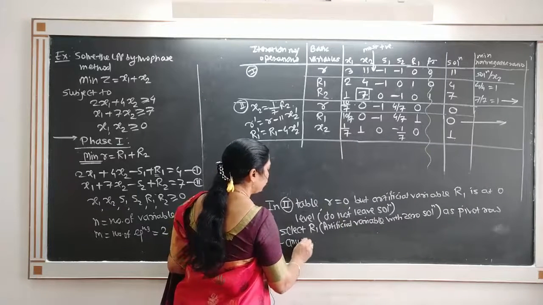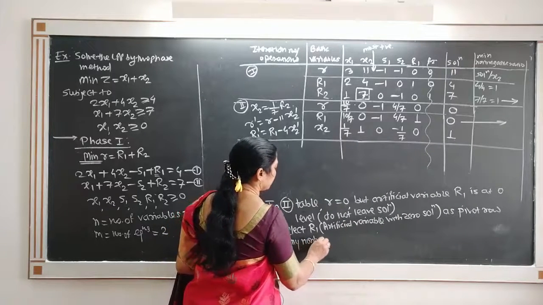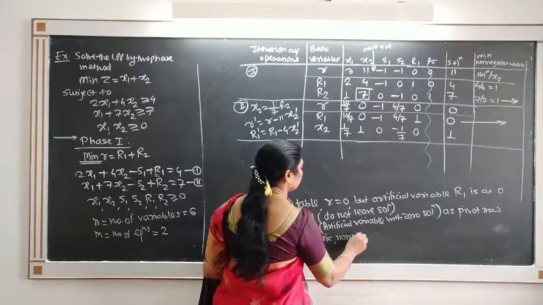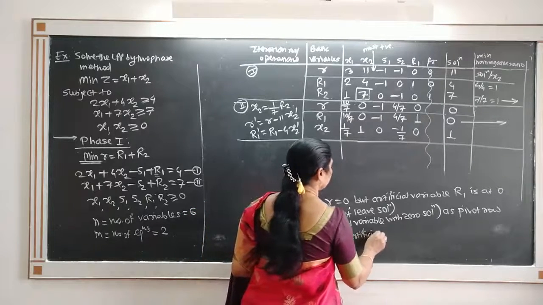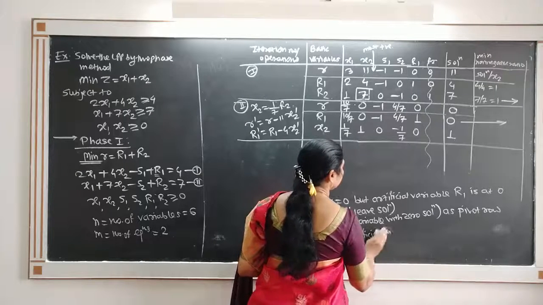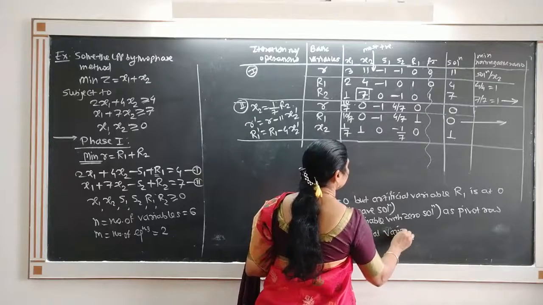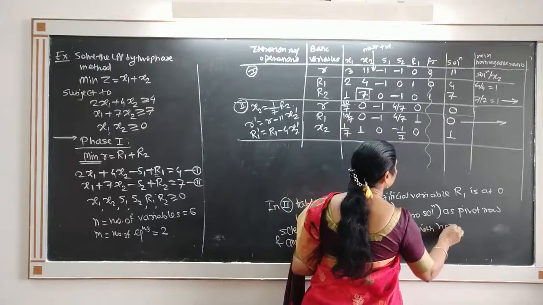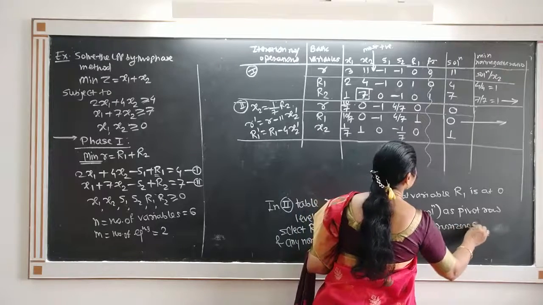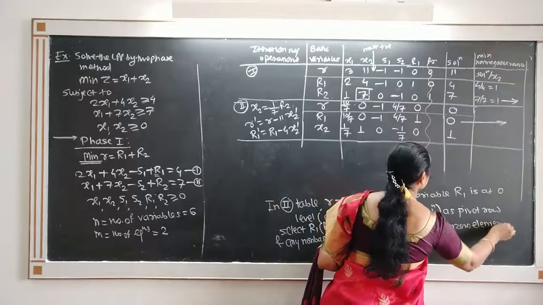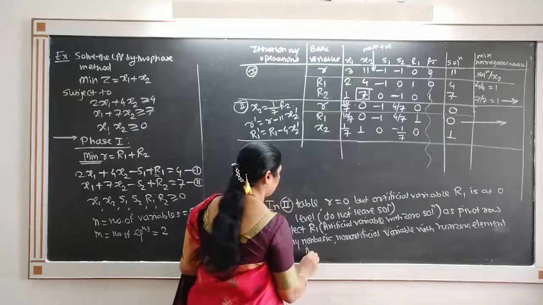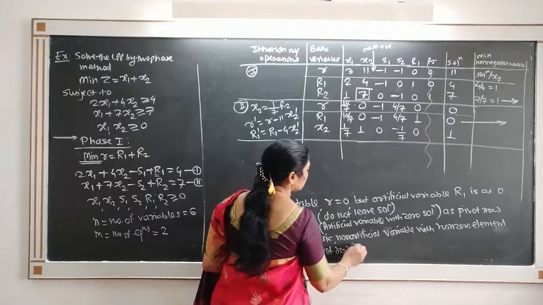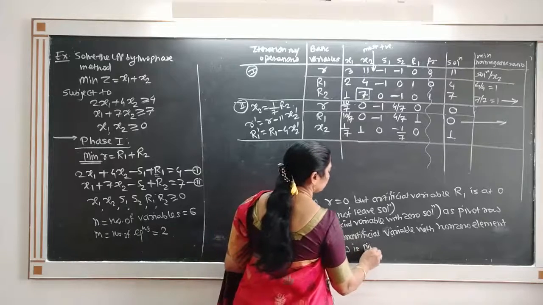Any non-basic, non-artificial variable with a non-zero element in the pivot row is the pivot column.